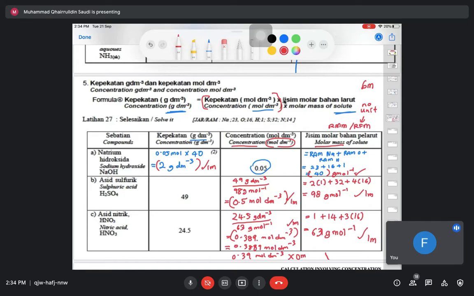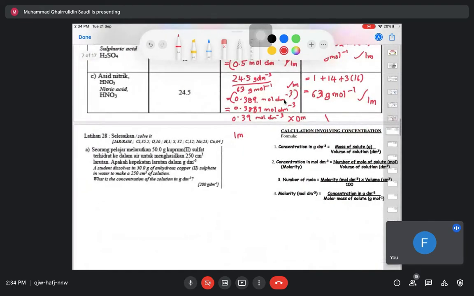Supaya awak ingat lepas ni untuk ambil 3 decimal places at least. Boleh? Okay, good. So for latihan 27, we have 6 marks.